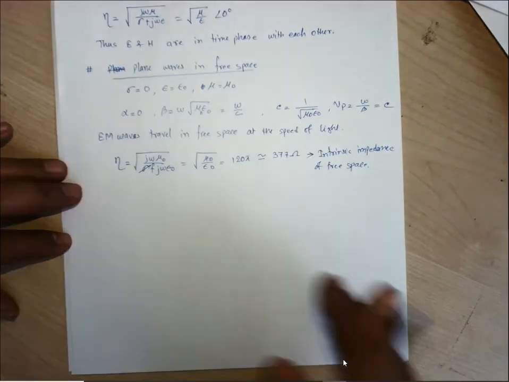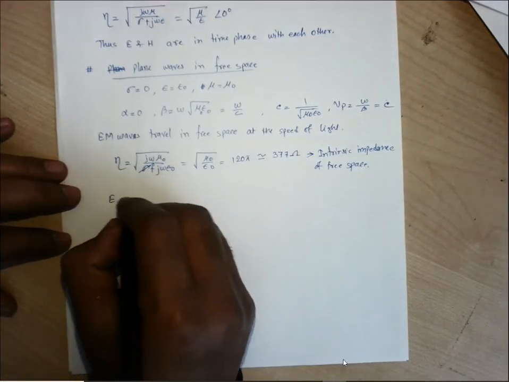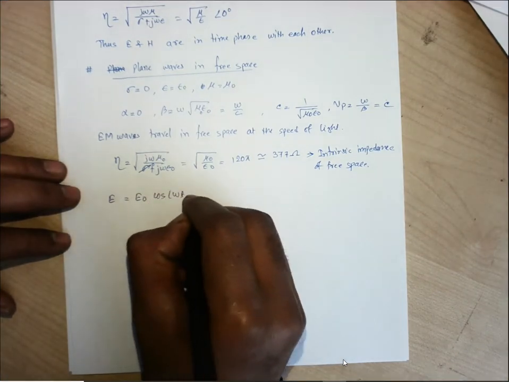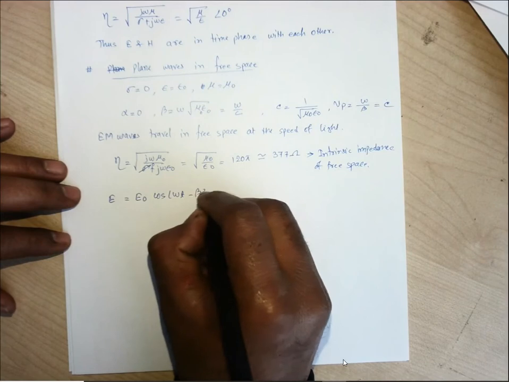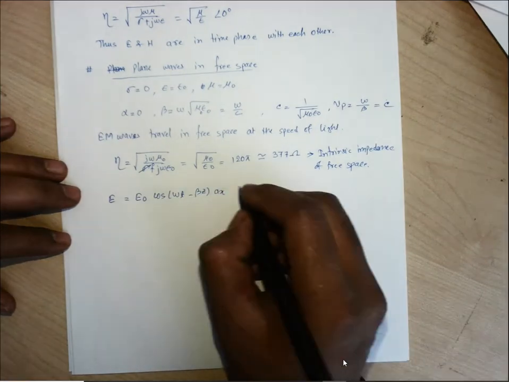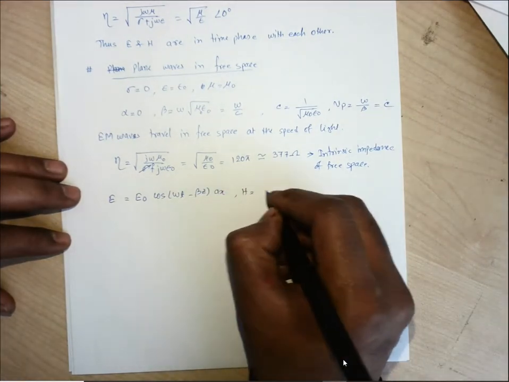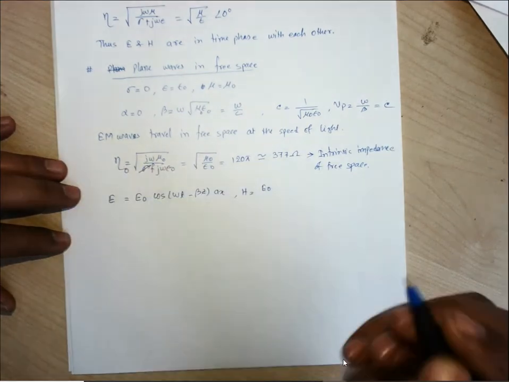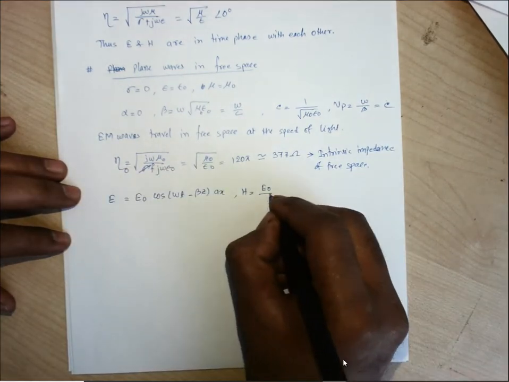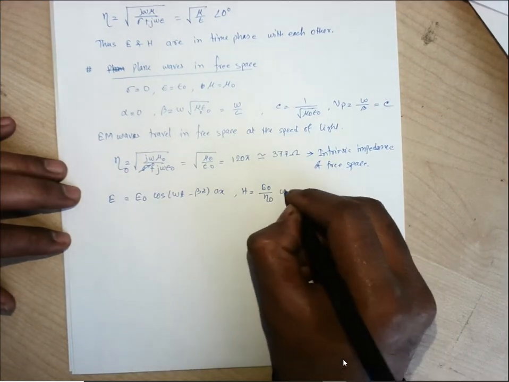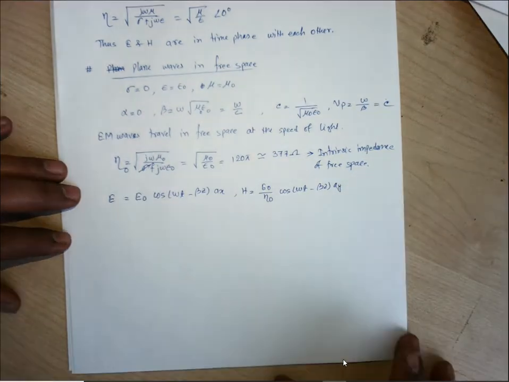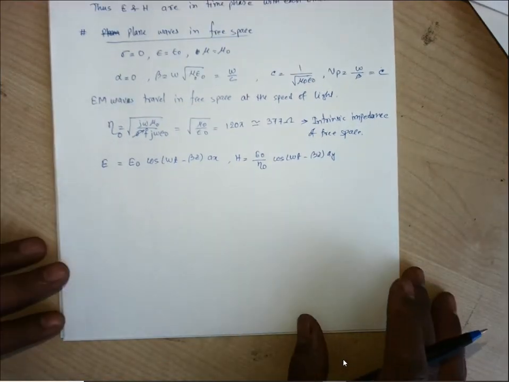So what will be the angle related with that? 0. So the expression for the electric field and magnetic field will be E naught cos omega t minus beta z. Let us consider a component, H is E naught by eta naught. Let us consider it is eta naught for free space. So H is E naught by eta naught cos omega t minus beta z ay, right?